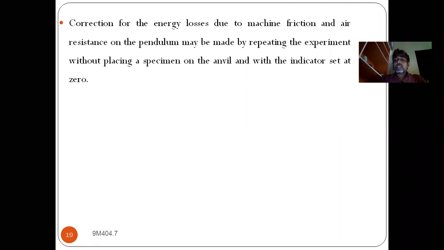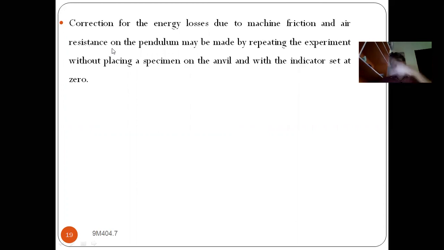Next, is there any correction? Correction means accounting for any losses. We are taking W into H1 minus H2, but we may have some air friction and bearing friction, that is rotational friction. We have to consider those frictions to get accurate results, so we have to consider the energy losses. To get a correction value, we have to consider the machine friction as well as air resistance.